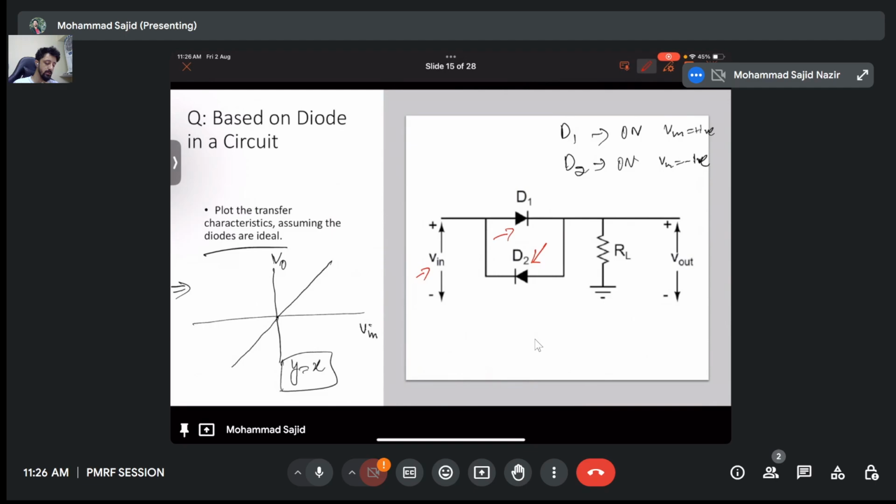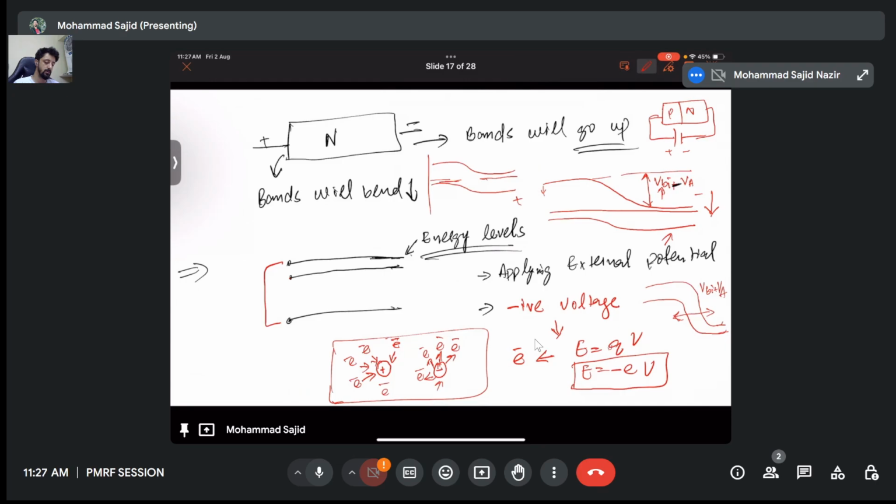So this is how the plot will look. This is V out; it directly follows V in, Y is equal to X. So D1 is on for V in positive, D2 is on for V in negative.